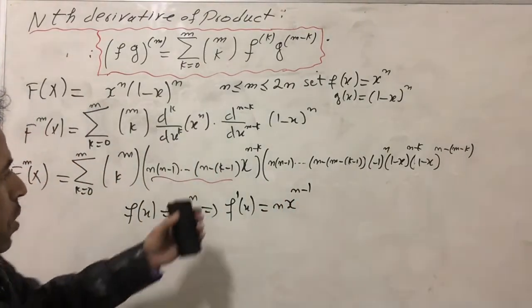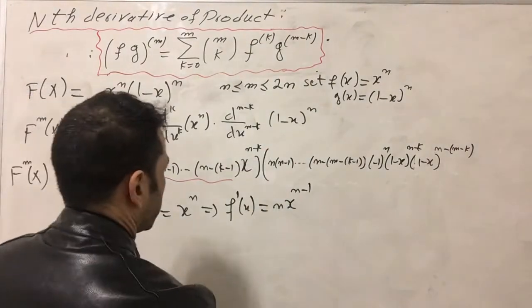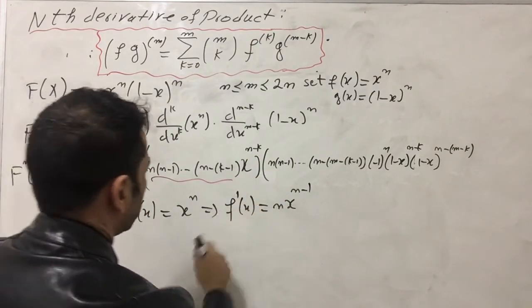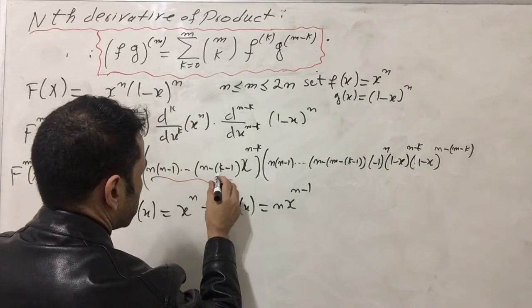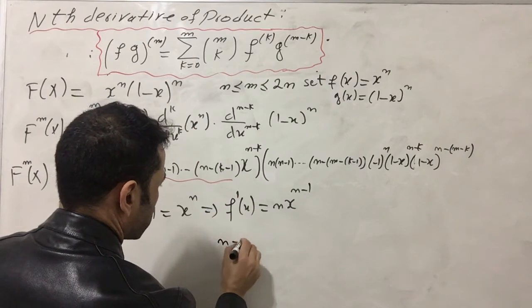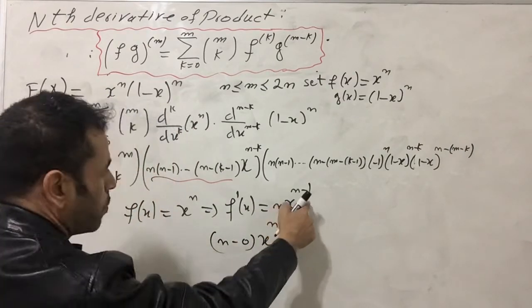If I apply this with k equal to 1, this term, n minus 1 plus 1, gives n, so I have n multiplied by x to the n minus 1, as you have here.